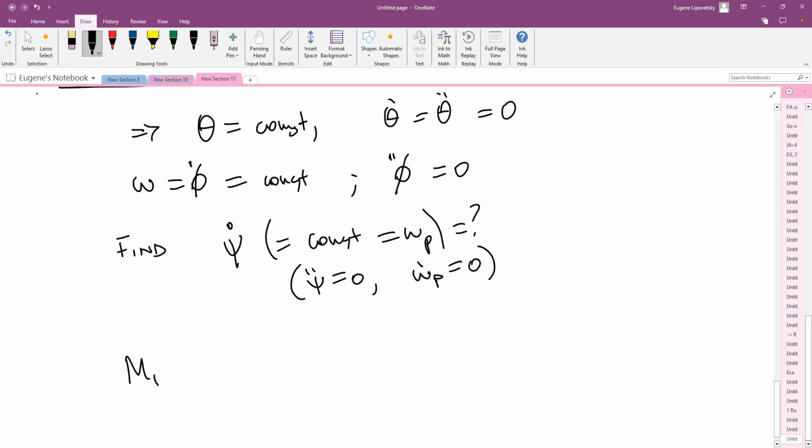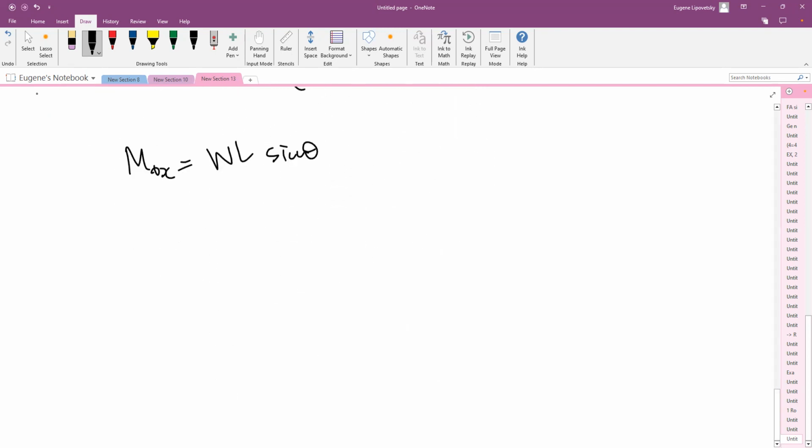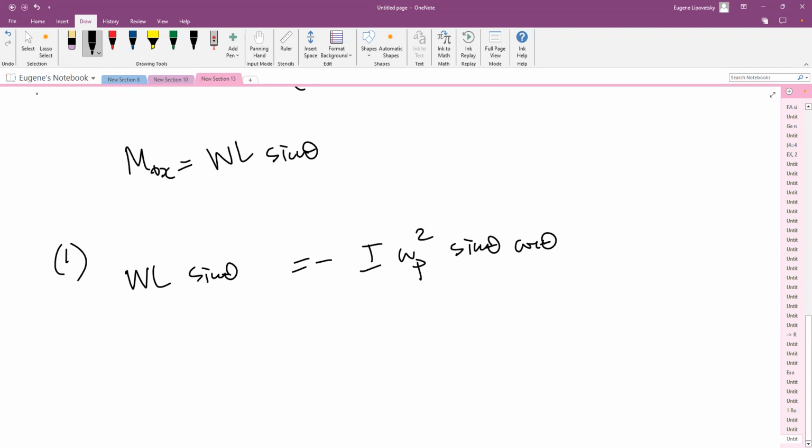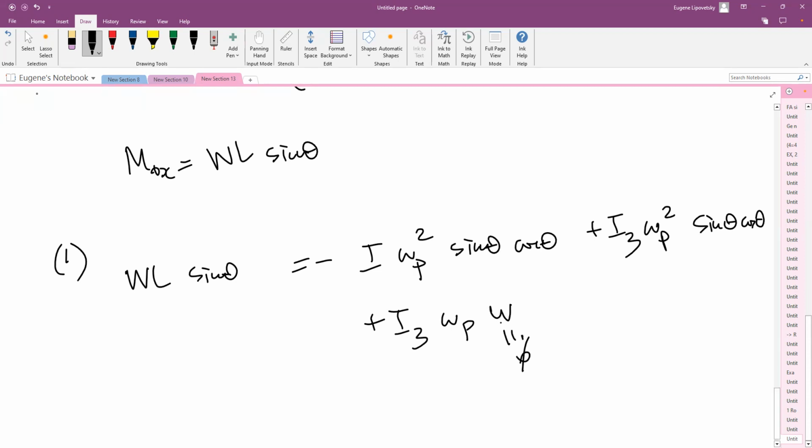So it's a constant precession speed. That means omega p dot is 0. So we have that MOX equals WL sine theta. We bring it into equation 1, and we have that WL sine theta equals minus I omega p squared sine theta cos theta plus I sub z omega p squared sine theta cos theta, plus I sub z omega p times omega, which is the phi dot, times sine theta.